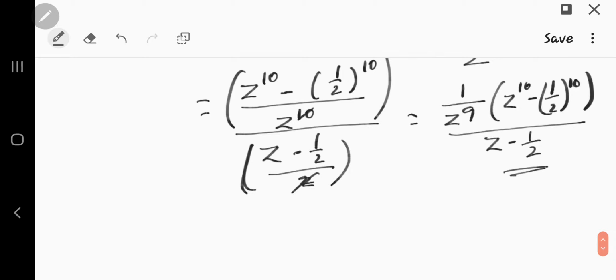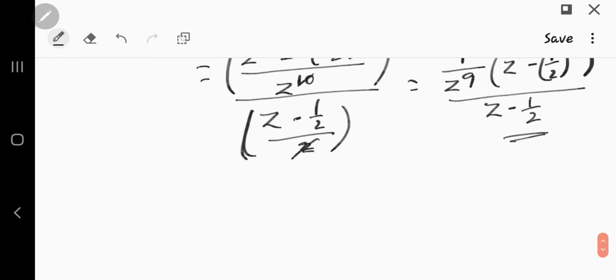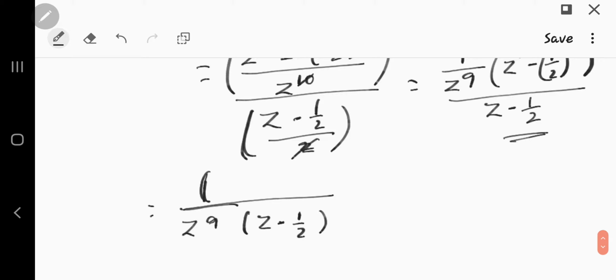Okay, yes, or you can write it like this: 1 by z to the power of 9 into z minus 1 by 2. In the numerator, I can just have z minus 1 by 2 to the power of 10.